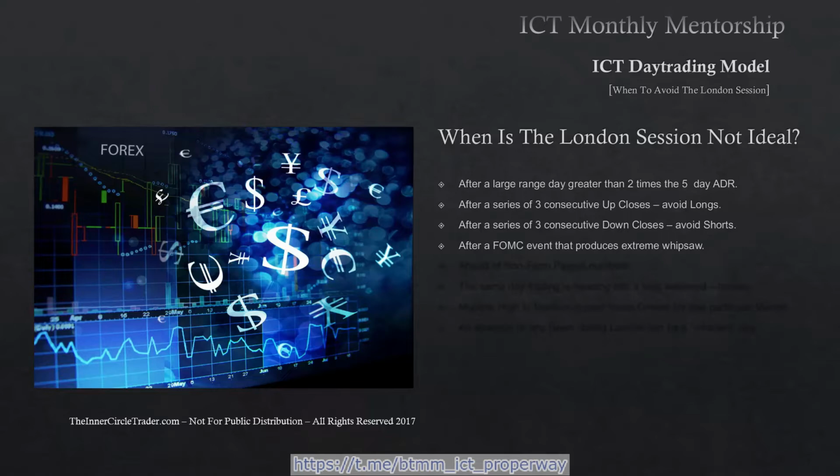So if the FOMC event creates and produces an extreme whipsaw up and down, generally FOMC comes out at 2 o'clock in the afternoon New York time. So if we see that big whipsaw price action, that's going to mess up London. Okay, it's going to screw up the central bank dealers range and possibly roll right on into the Asian session. So just avoid trading London open after FOMC events that create whipsaw.